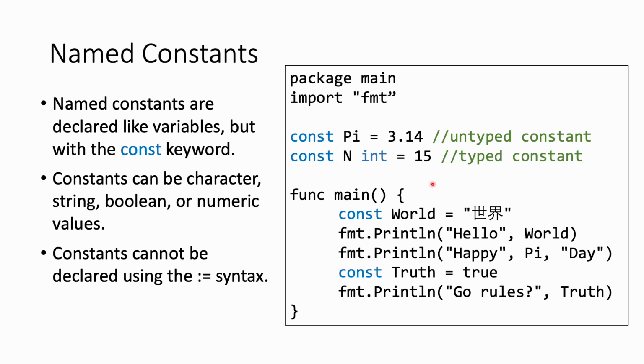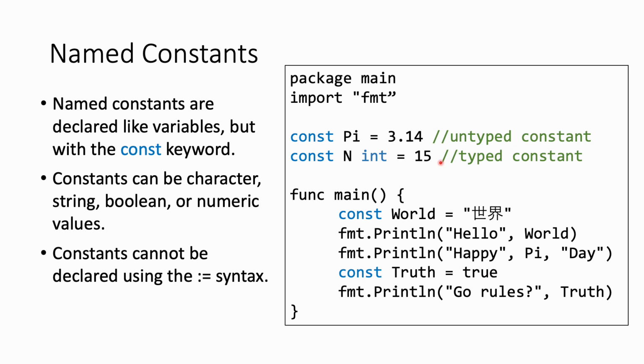So in addition to the constant declared at the package level, you can also declare a constant within a function, such as within this function main. So here we declare the constant named word to be of this string. And we declare the constant true to be of type bool because we assigned it a bool value.